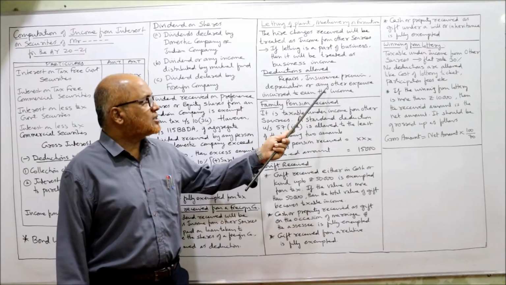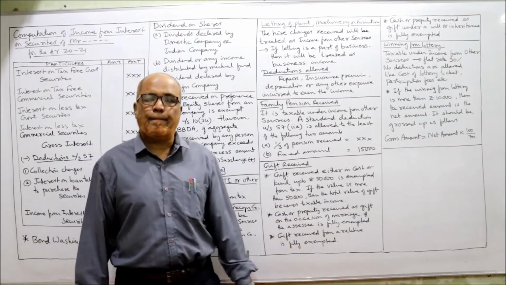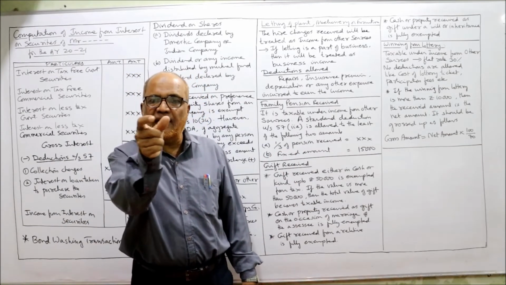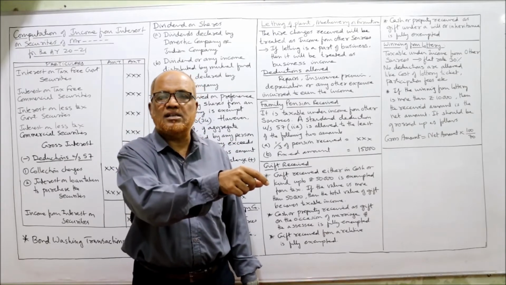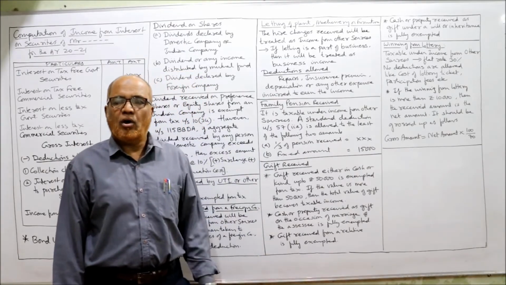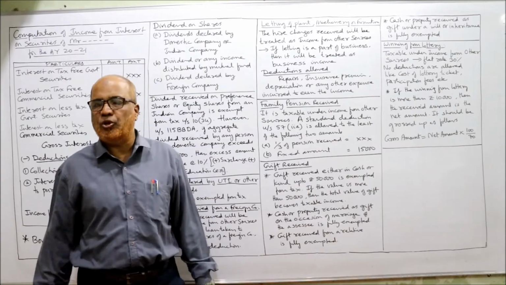Repairs, insurance premium, depreciation and any other expense incurred to earn the income. If the expenditure is related to this income, then it will be allowed as deduction. All these points will come across while doing the problem in the next video.